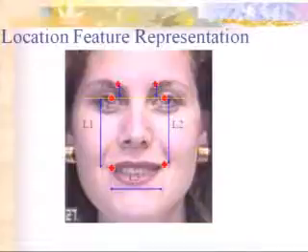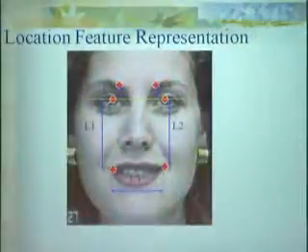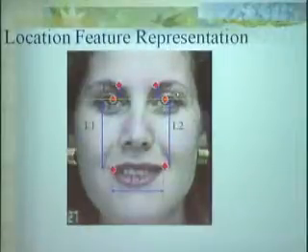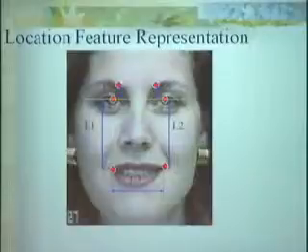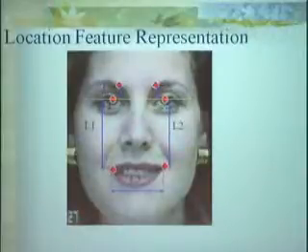Same thing, based on the eye detection as the baseline, we normalize these corners, the width of the lip corner, and how far it is from this baseline, and also for the brows.